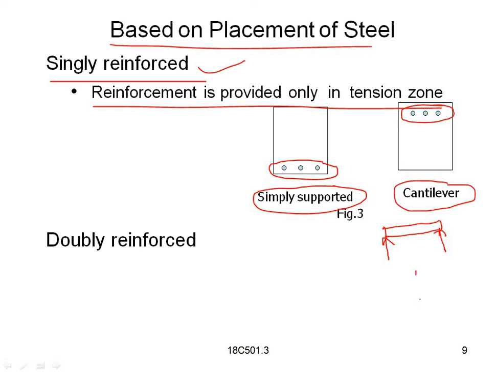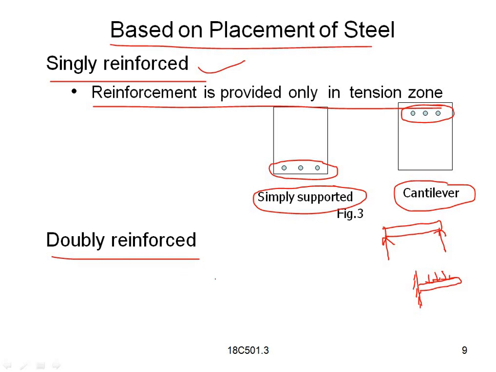Coming to the cantilever, you can see it will be like this. So this is a cantilever beam. Here the loads will be acting at the top zone. This top portion is the tension zone.